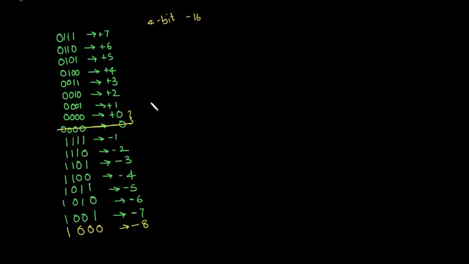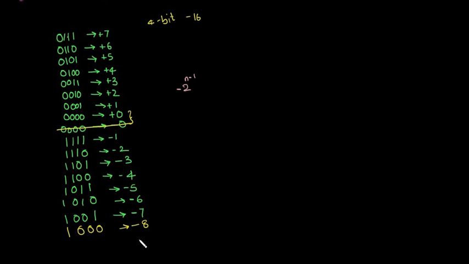Now let us see the range of values that 2's complement system can represent. We have 8 negative numbers, so the negative number range starts from minus 2 power n minus 1.